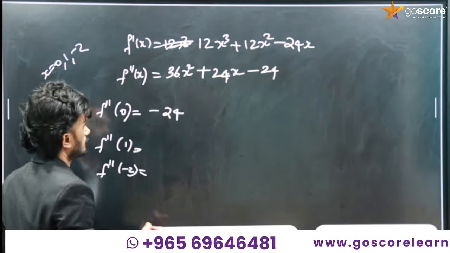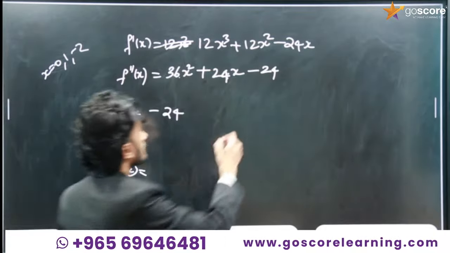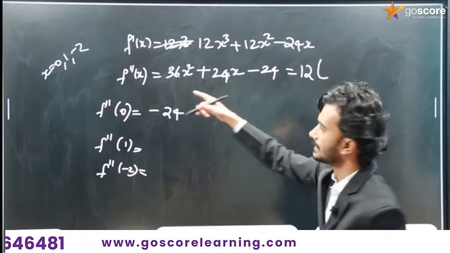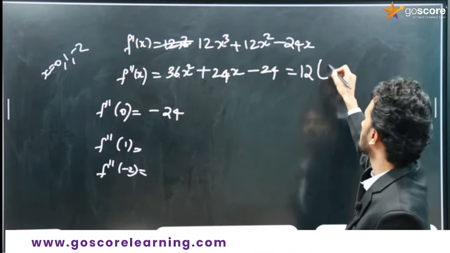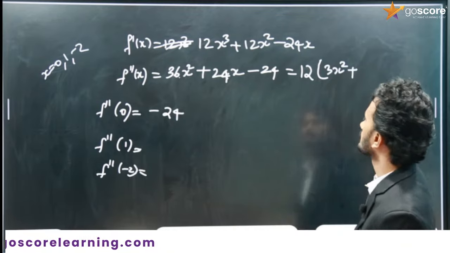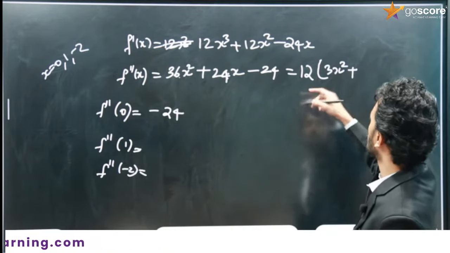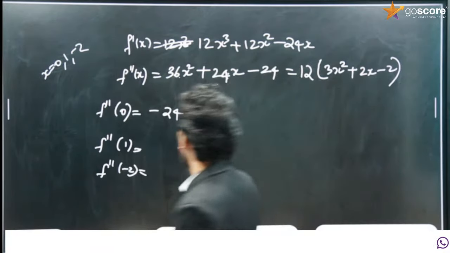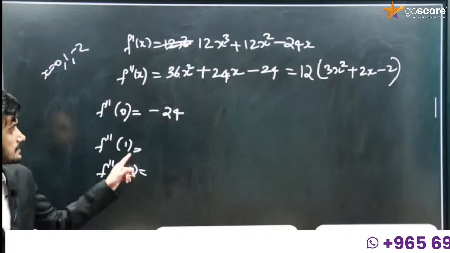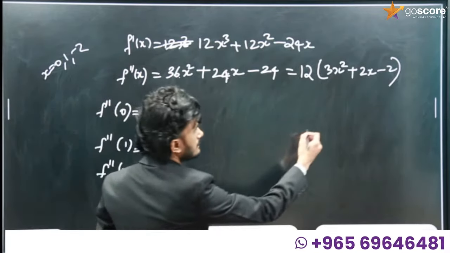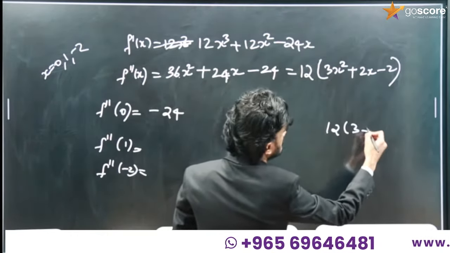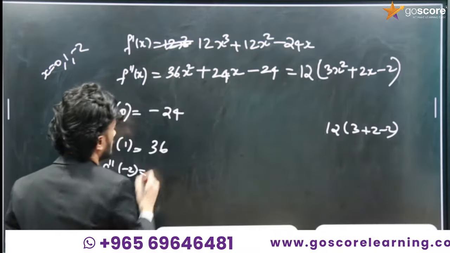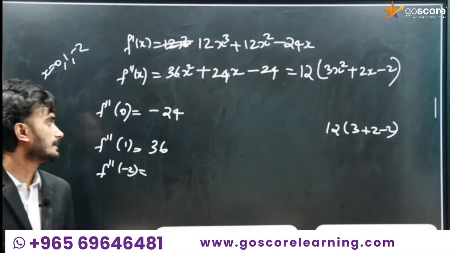Yes, minus 24. We can take 12 outside: 12 into 3x square plus 2x minus 2. Then substitute 1: 12 into 3 plus 2 minus 2, 12 into 3, it is 36.